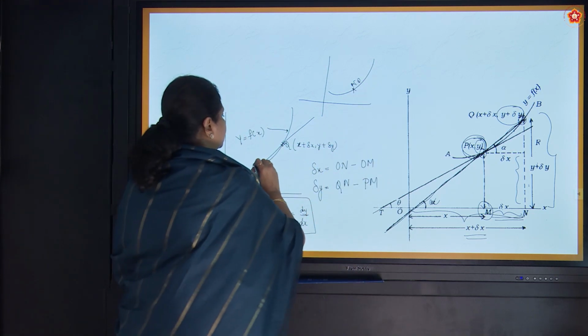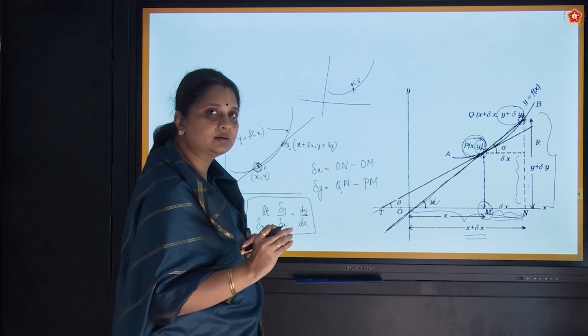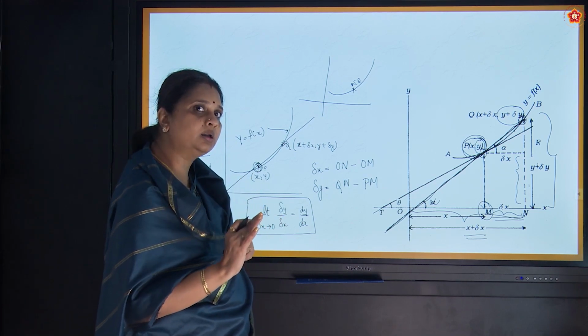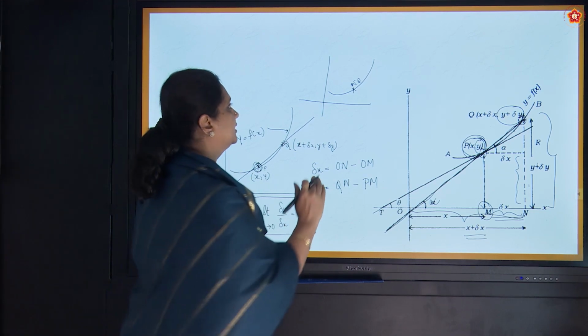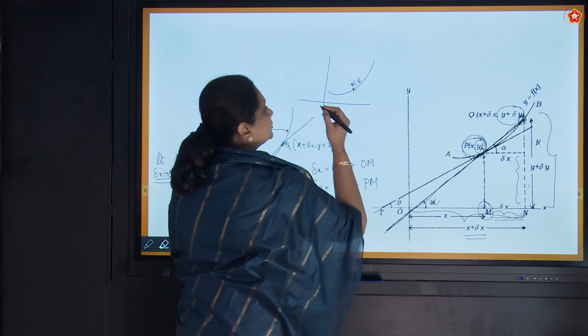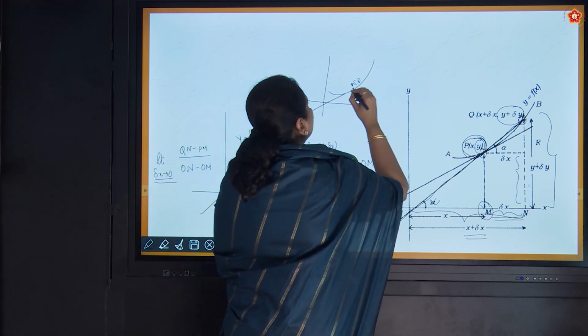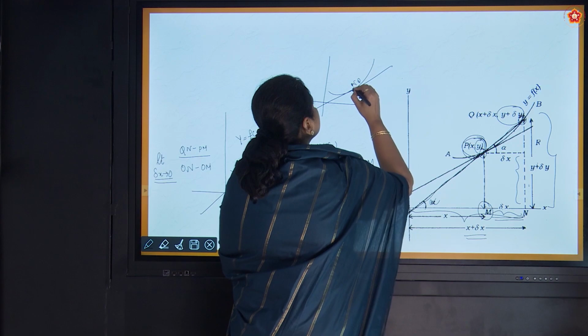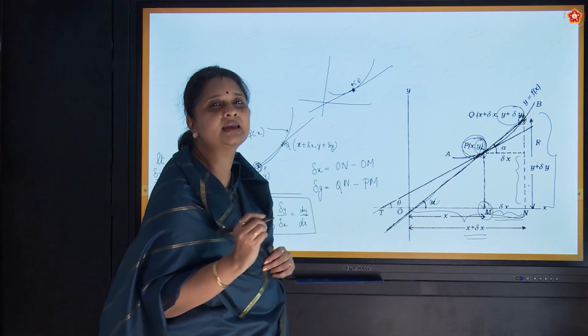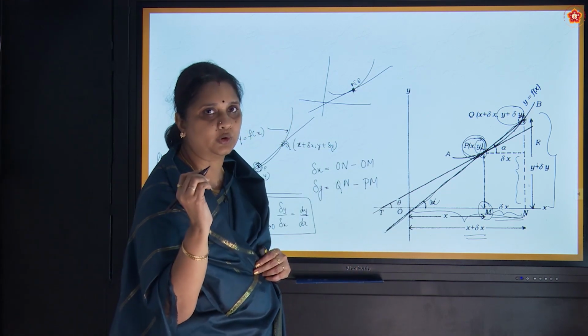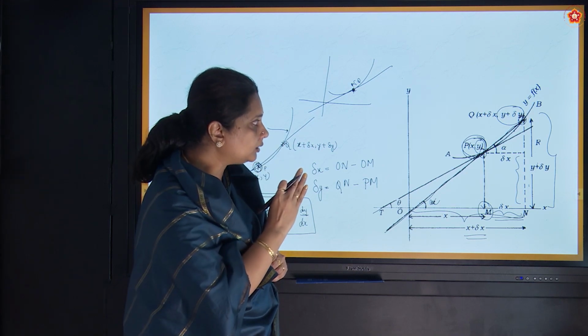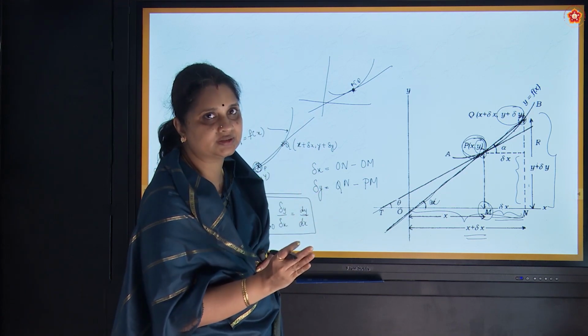So what happens to this chord? The chord does not remain a chord, it turns into a tangent because this distance is going to be 0. When I move that, it becomes a tangent touching the curve at just a single point and not 2 points. So the chord converts into a tangent.